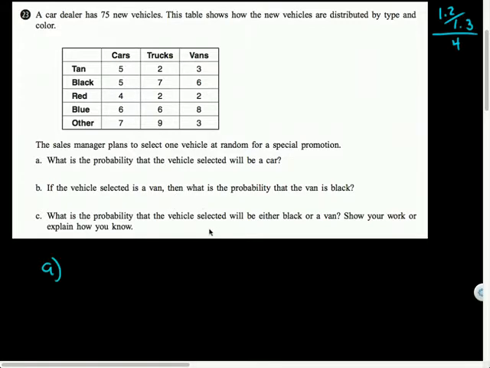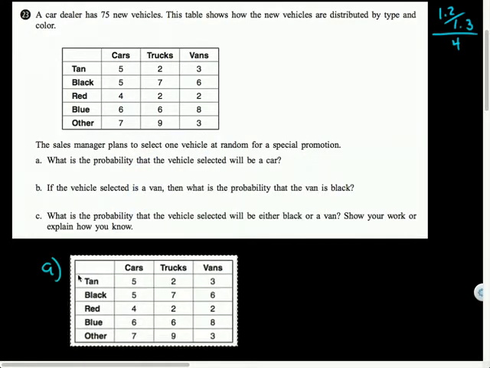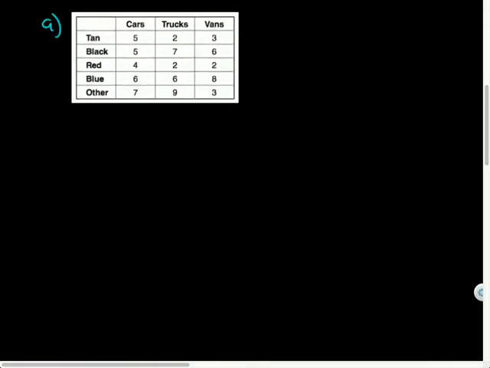Well, let's see. I copied this chart, so I'm gonna reuse it multiple times and scribble over it. For this, I'd be interested in how many was the total number of cars. So that's 5 plus 5 is 10, 14, 20, 27 total cars over how many were there total, which they told us was 75.